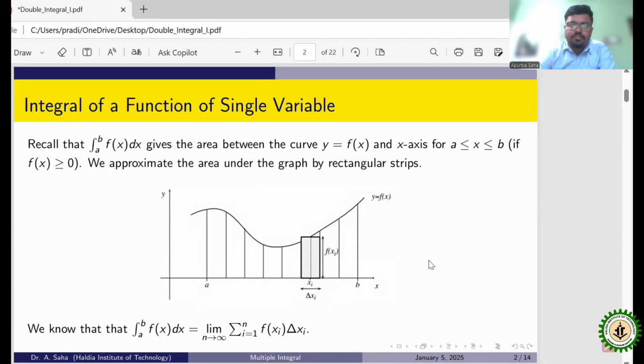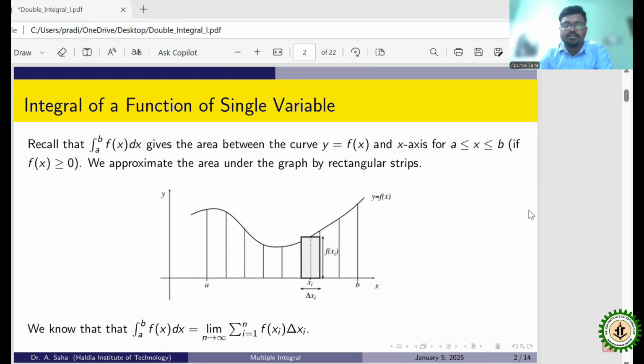So first we recall integration of a function of single variable. Integration a to b f(x) dx gives the area between the curve y equals f(x) and the x-axis for x lying between a and b, if f(x) is greater than or equal to 0. And we approximate this area under the graph by rectangular strips.